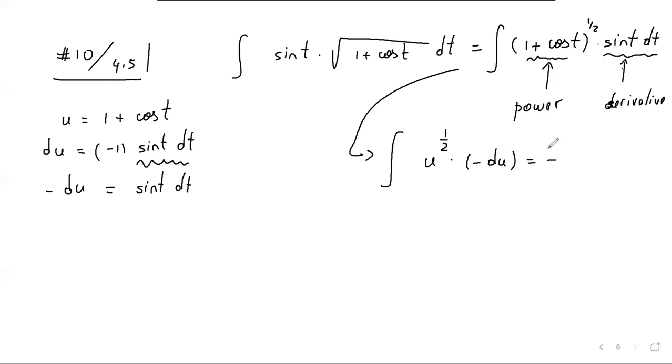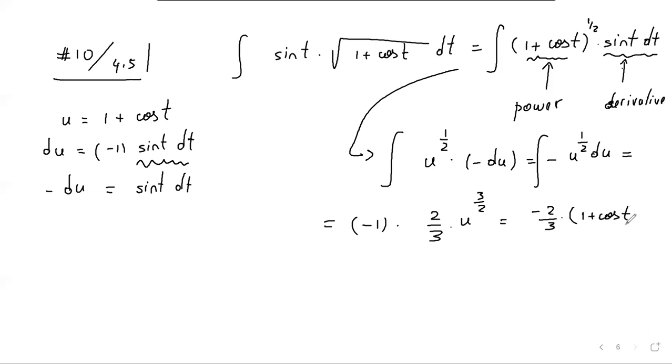So the antiderivative of negative u to the 1/2 du is negative 1 times u to the 3/2 times 2/3, and that's negative 2/3 times 1 plus cosine t to the 3/2.